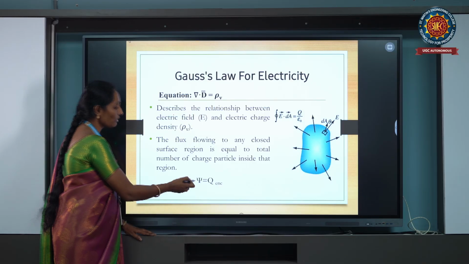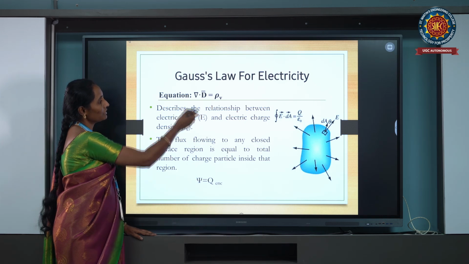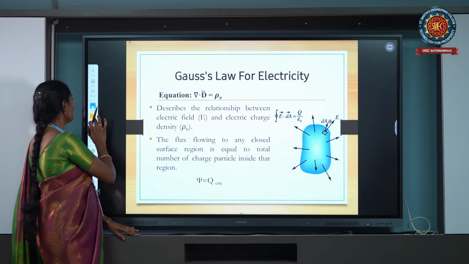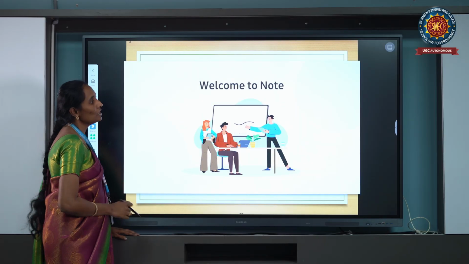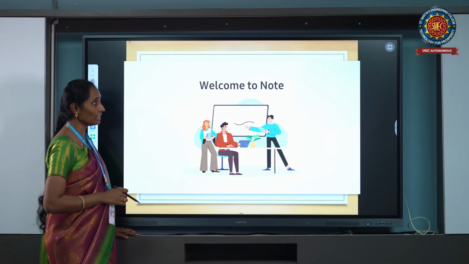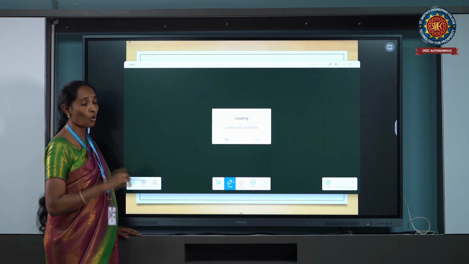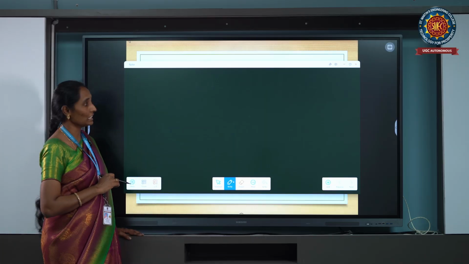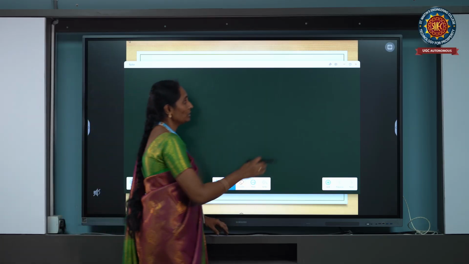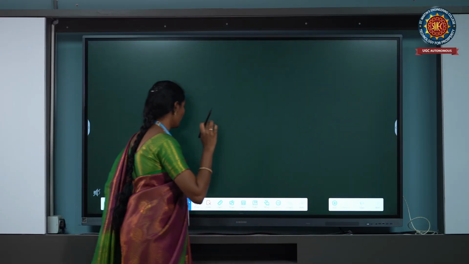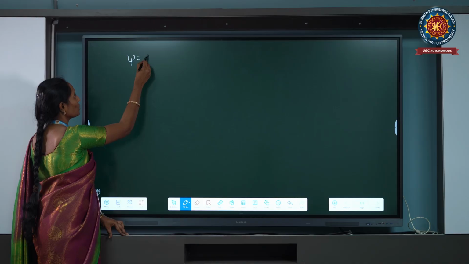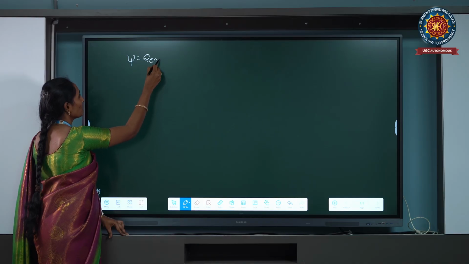From this equation, how to derive del dot D bar is equal to rho v, I will explain clearly using a note. The first Maxwell equation is common to the time varying field and the static field. According to Maxwell's first equation, Gauss law, psi is equal to q enclosed.